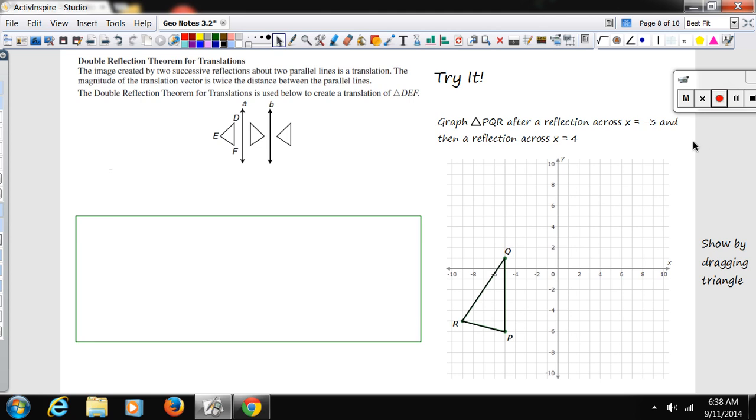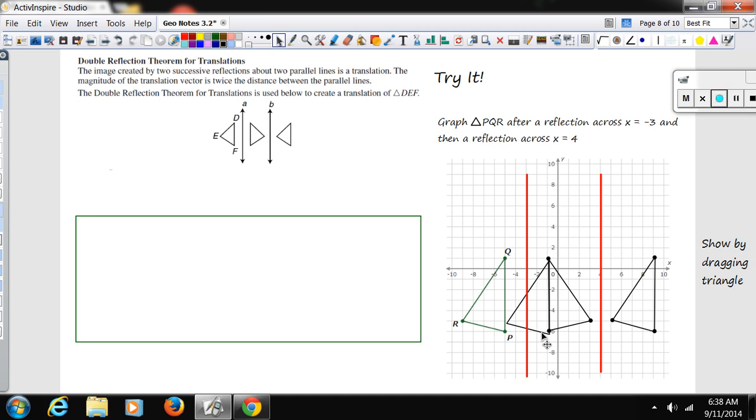All right, here we go. Hopefully you paused it. Here's what you should have gotten on your paper. You flip the first one, you get to this point. Remember, for reflections, this is two-way, so this one will be two-way, and this one's like 5 or 6 away. So you flip that over, then you flip it over again, and if you look at it, I could have taken this triangle and slid it over here, and it would have been a translation.